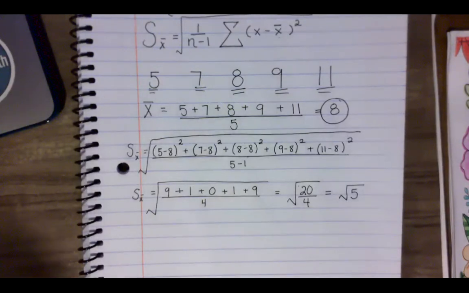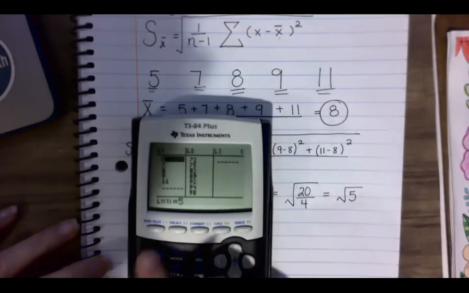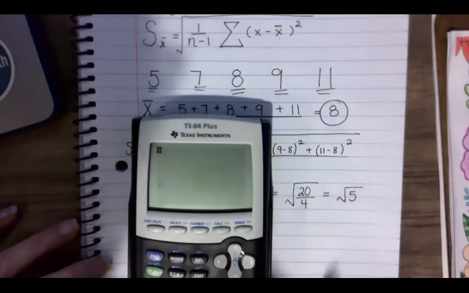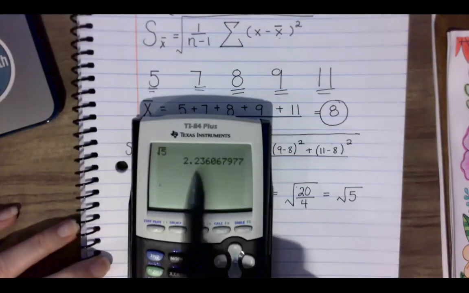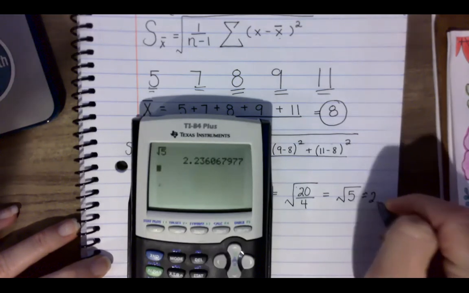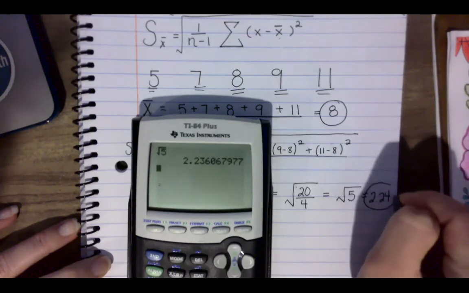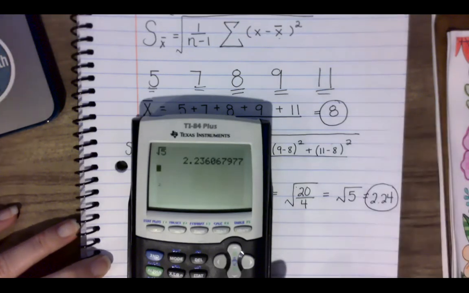So this is slightly more than 2. Let's see. I'm going to guess like 2.1, 2.2. So the square root of 5 is about 2.2. I'm going to always round to 2 decimals in here. You'll see that. That's kind of my standard. So I have 2.24 is the standard deviation for this set.